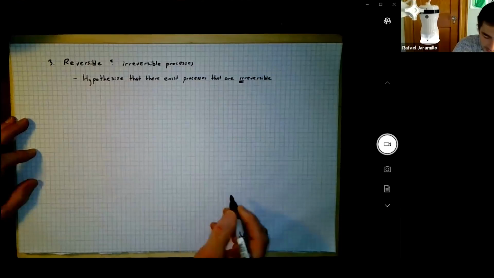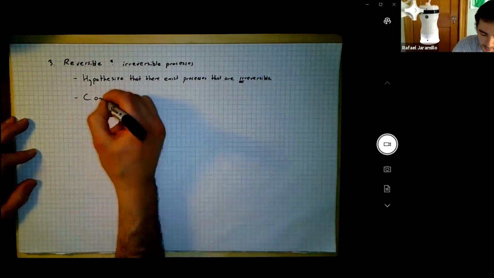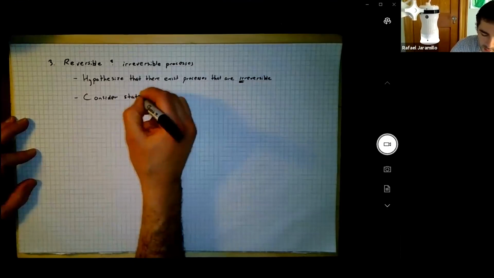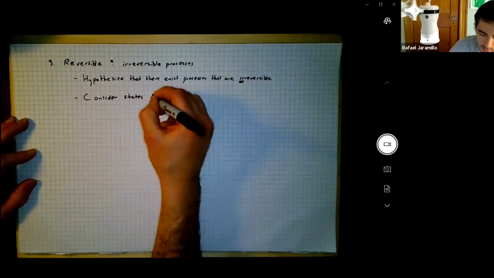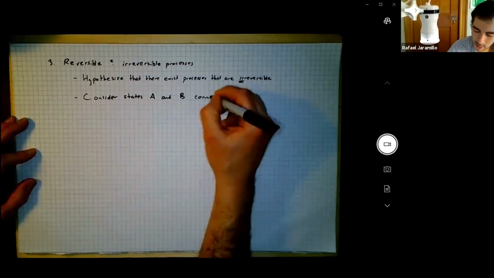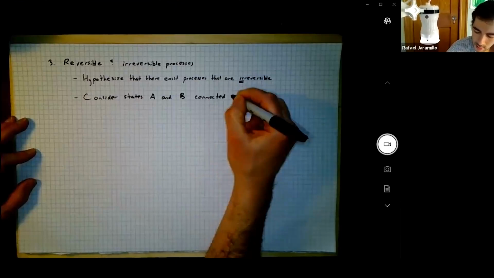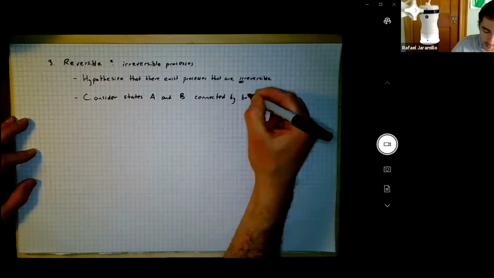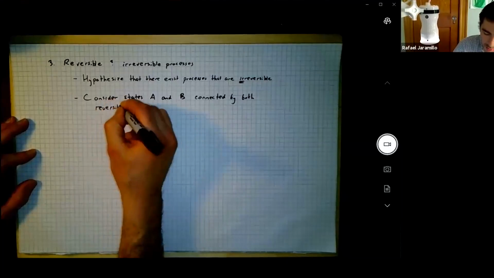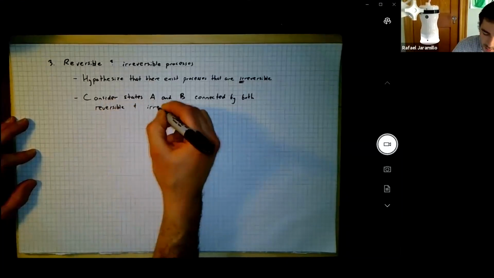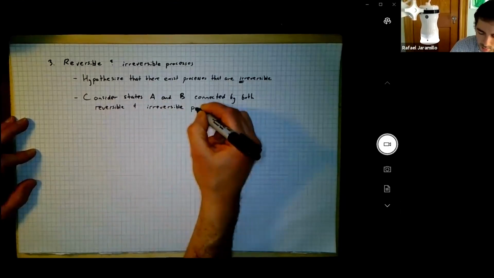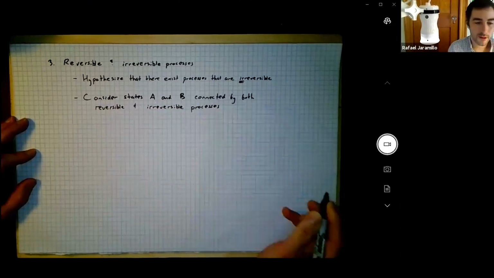And we're going to set up another one of these funny thought experiments. Consider states A and B connected by both reversible and irreversible processes.